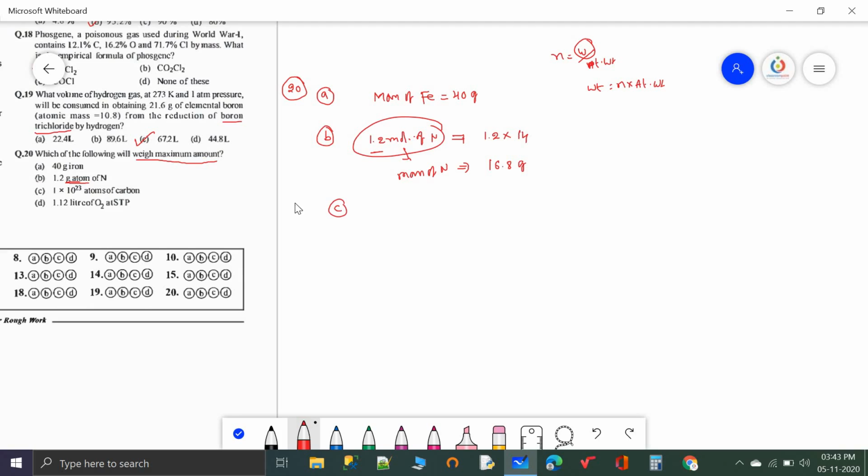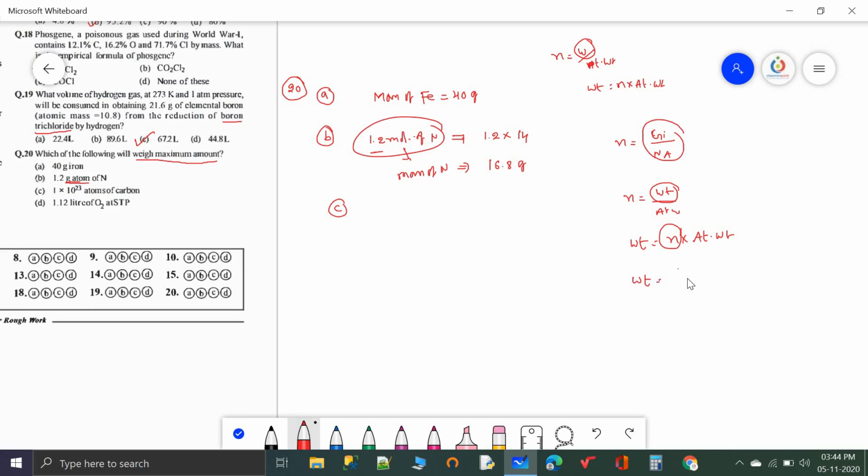And option C, they are giving the number of atoms, carbon mass. Similarly again, number of moles equals given number divided by the Avogadro number Na. And whenever you want to calculate the mass, there is one more formula: number of moles equals weight by atomic weight. We want the weight, so weight equals number of moles into atomic weight. When the number is given, it can be introduced into the number of moles.